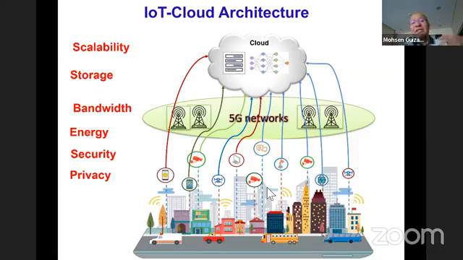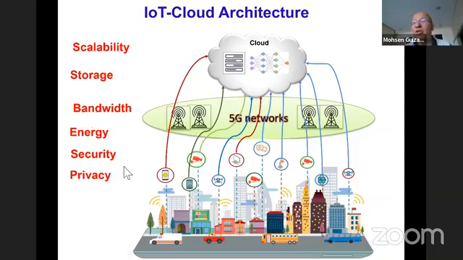And then that data is collected and sent to the cloud to be stored and analyzed, and then decisions should be made. This is the normal situation. In this situation, as you can see, we have a number of challenges. They are listed on the left side here.